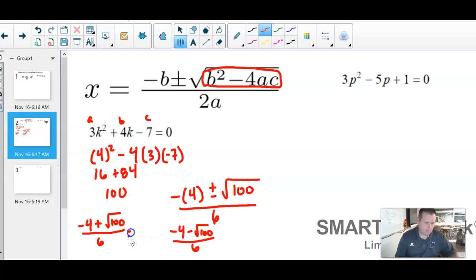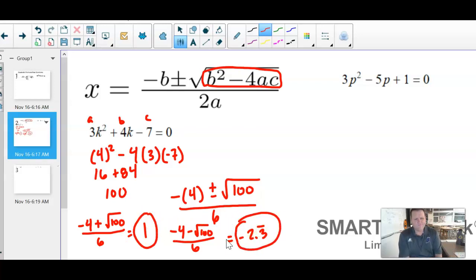So this one gives me 1. And this other one gives me negative 2.3 repeating. So that would be one of my solutions, and then this one to be my other solution is that negative 2.3 repeating.